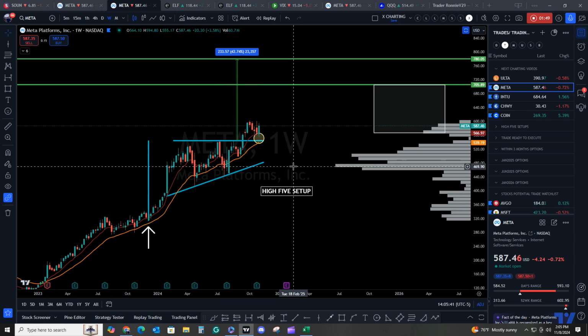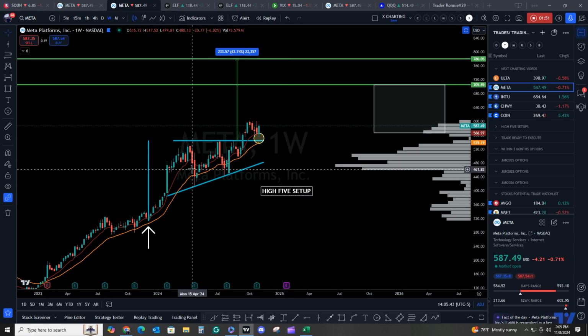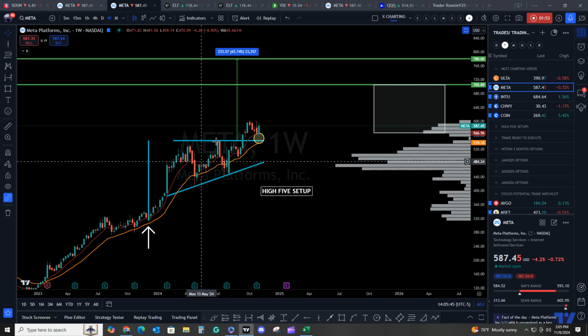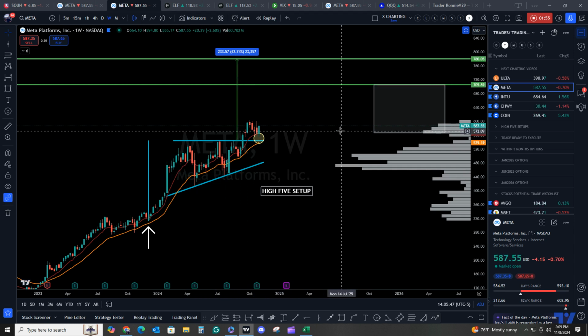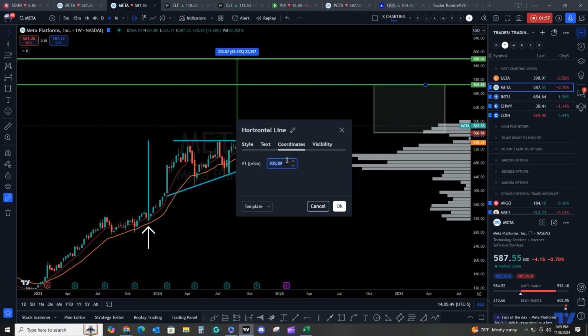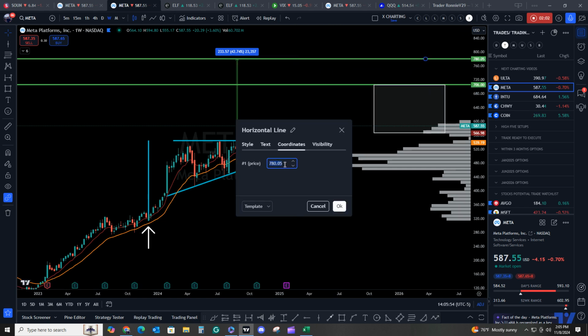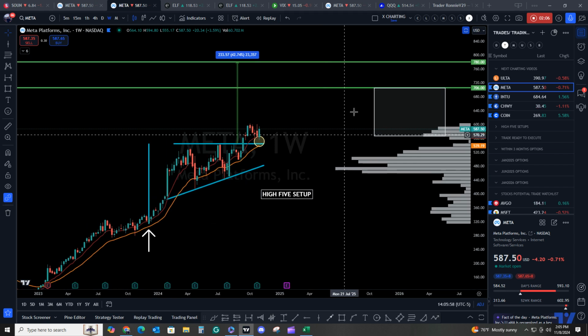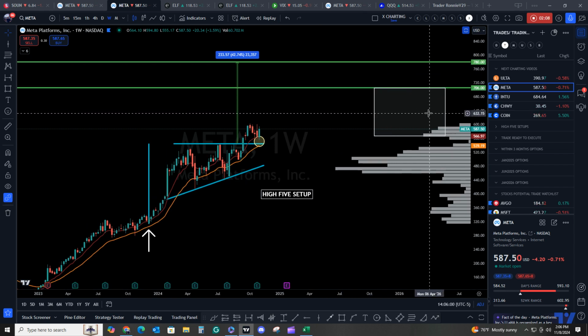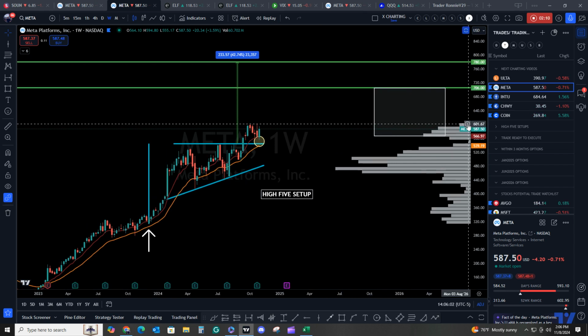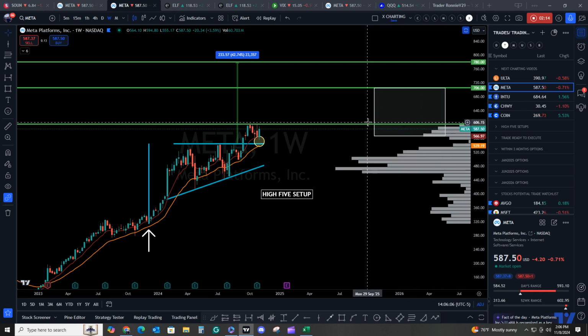Before we get into the other three indicators that we look at with the High Five setup, I just want to talk about the measured moves. The measured moves are essentially to 705, we'll just call it 706, and our next measured move is 780. So our price targets are going to be 706 and 780, with a very short-term price target of about, let's just call it 600.